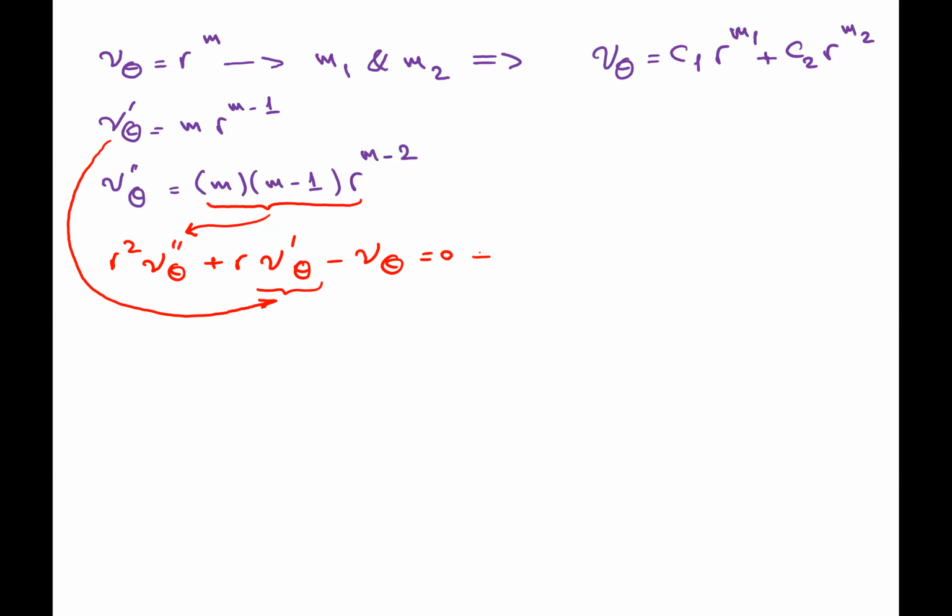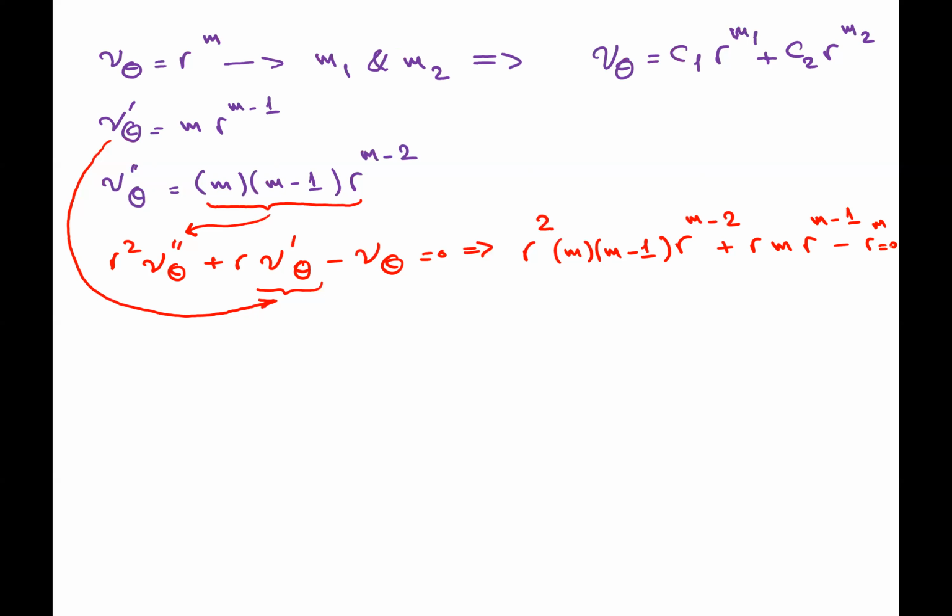So I have r squared times M times M minus 1 times r to the power of M minus 2, plus we have r times v prime, which is M r to the M minus 1. And then we have minus this v theta, and v theta is r to the M. So minus r to the power of M equal to 0.